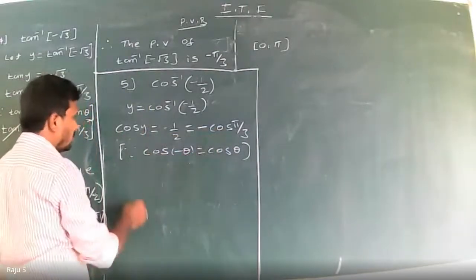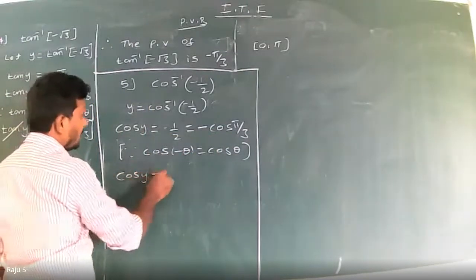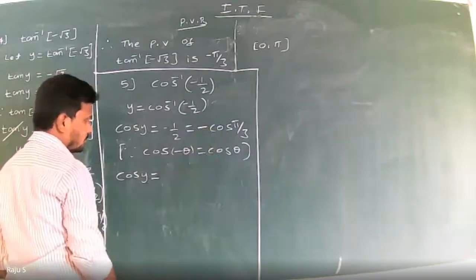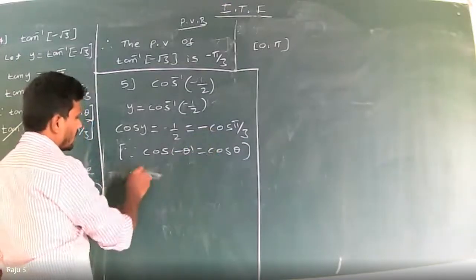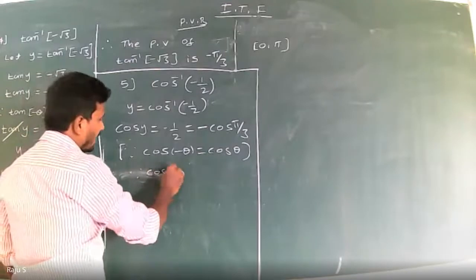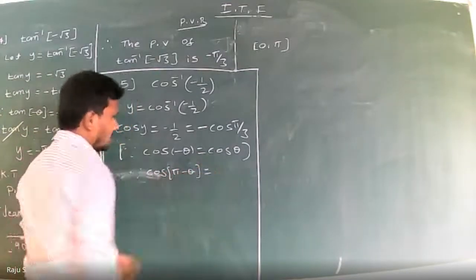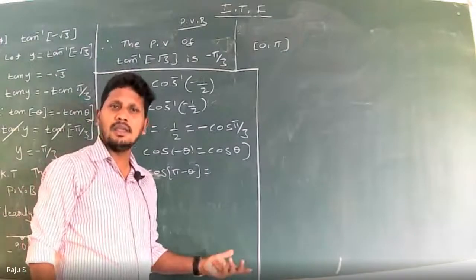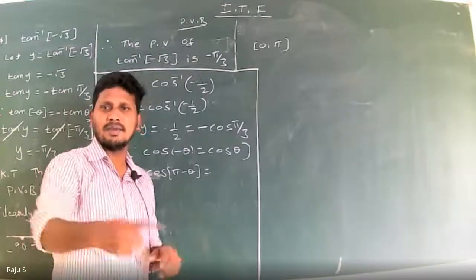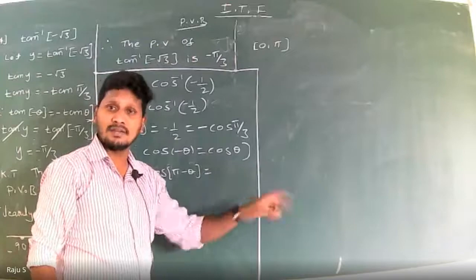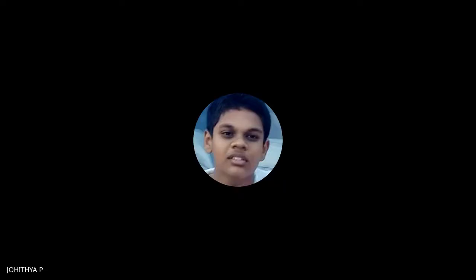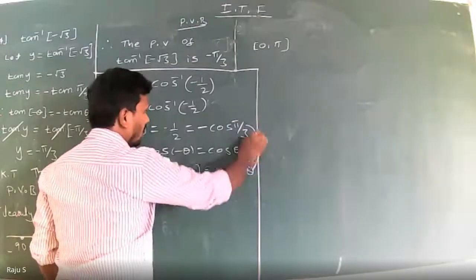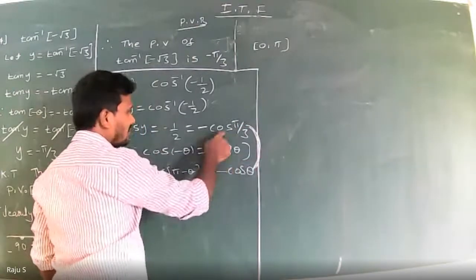For that, what to do? Since we know that one property is there. What is that? Cos of 180 minus theta is equal to what? Cos stays cos, but plus cos or minus cos? Minus cos theta. Comparing this, it is in the form of the RHS.